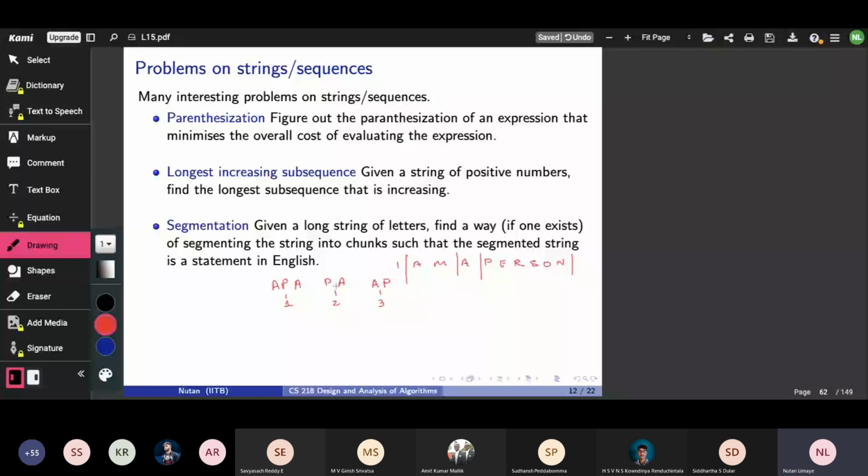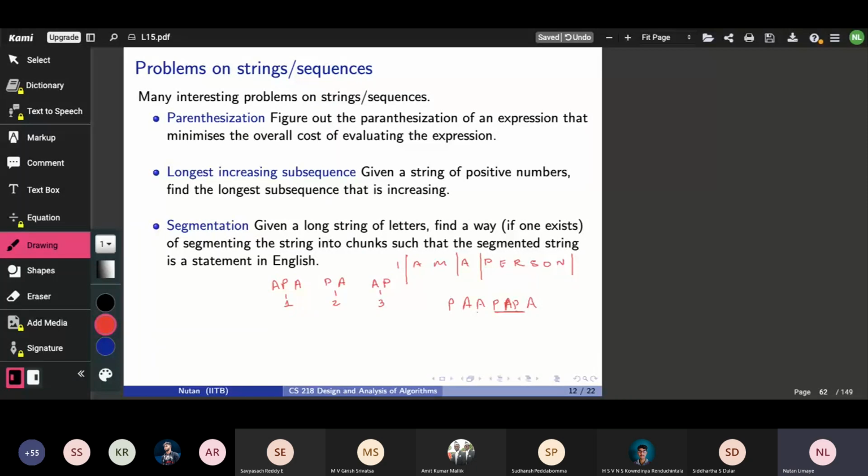So now I string together a bunch of these P, A, P, and now you will be able to see that here there is no segmentation, because of course three P's are just not possible in my language, but some other things could be possible. Yeah, so suppose this was an A, then I may be able to find multiple segmentations of this, and all possible segmentations are required in this problem.